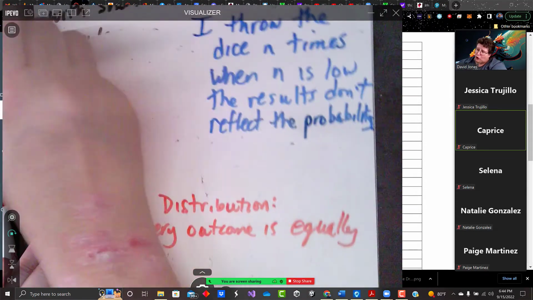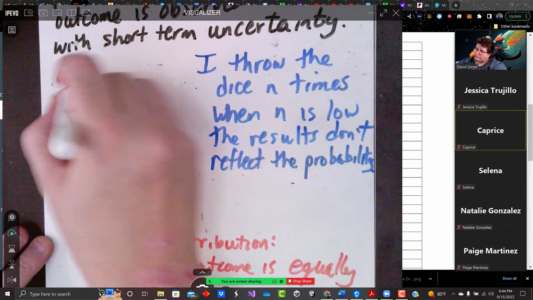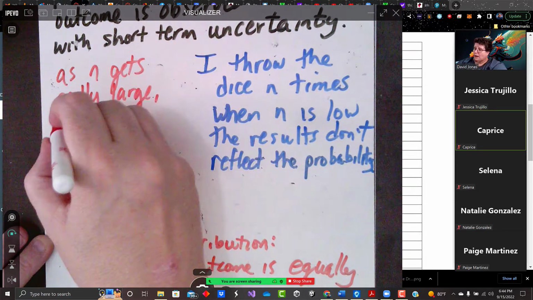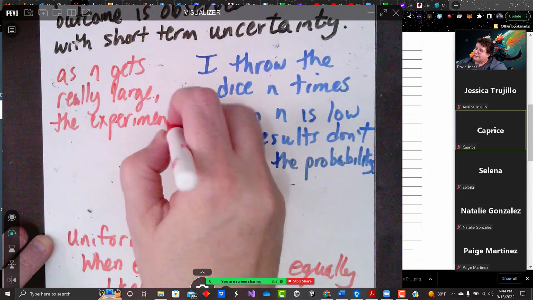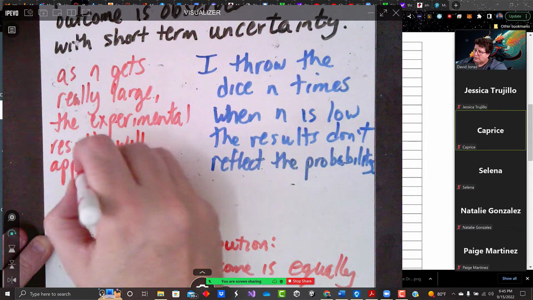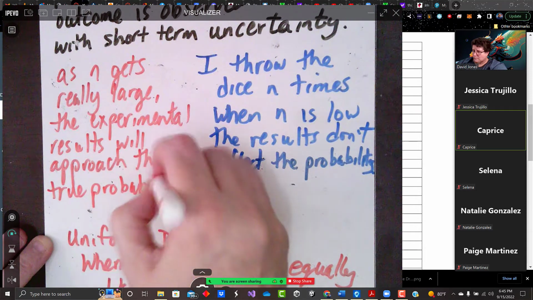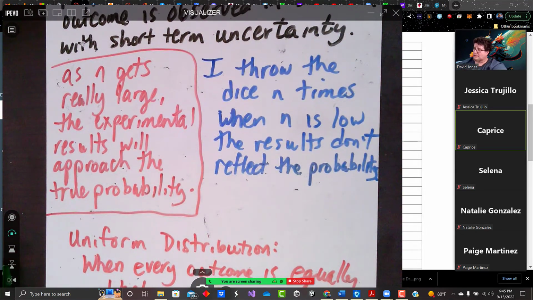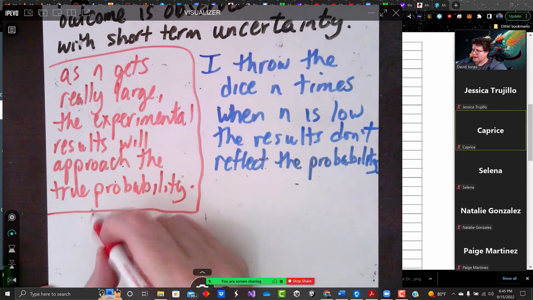However, as n gets really large, the experimental results, and that's what I was doing, I was doing an experiment, rolling the dice, the experimental results will approach the true probability. And this idea is called the law of large numbers.